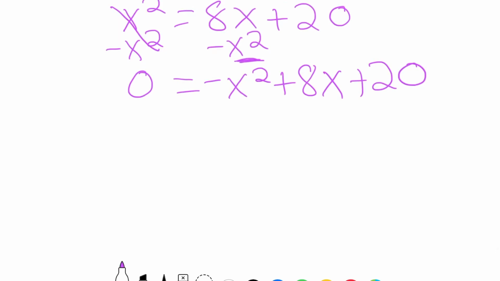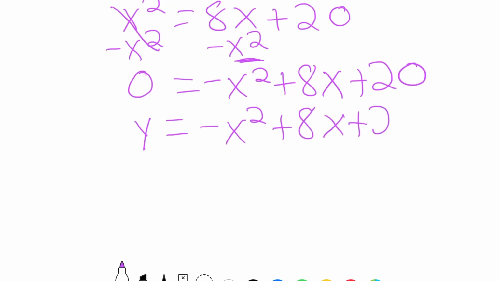Once we put it in our calculator, we're looking for our x-intercepts, our zeros, our roots, our solutions. When we do this, go to y equals, substitute it in or type it in.